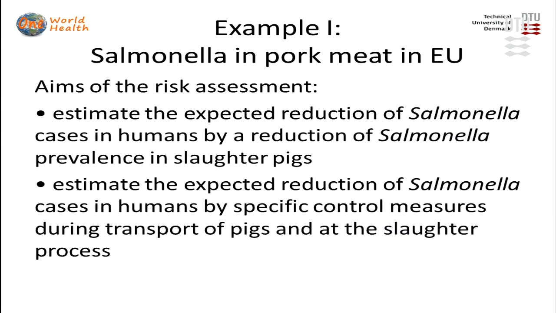So you see here we have the whole production line from farm through slaughtering to the consumer. Here we have an example where we include the whole chain from farm to consumer, and then we look at different steps in that production chain and at how the different preventive measures can influence the risk for the consumer.